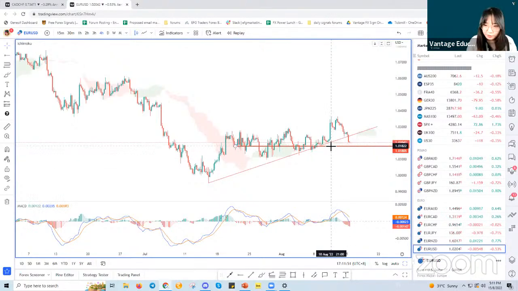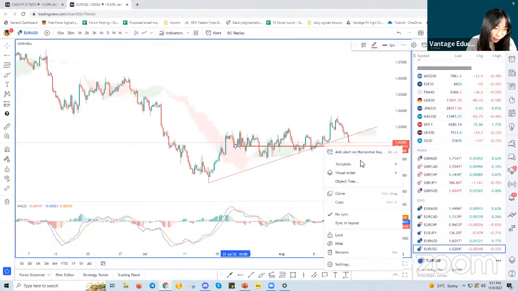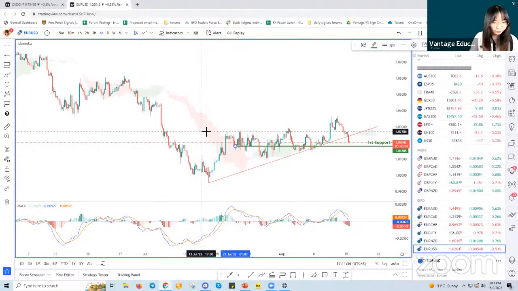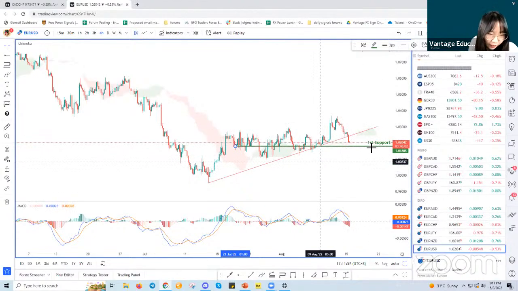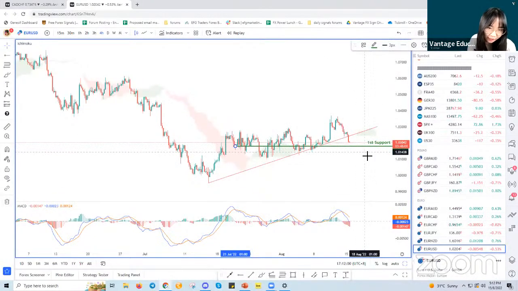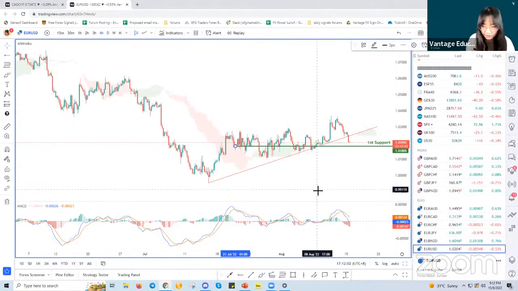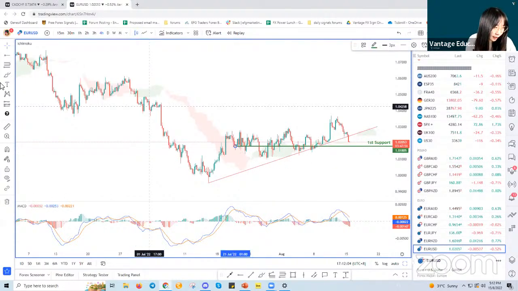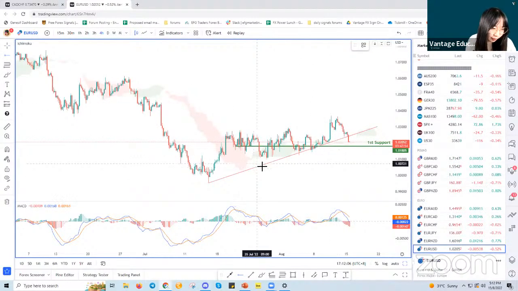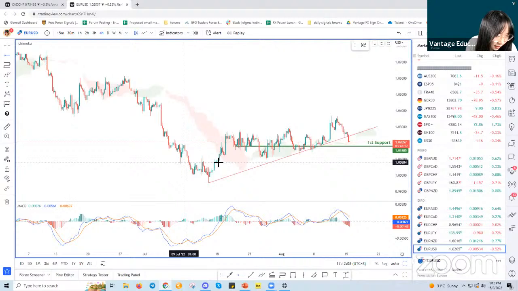I'd like to put my first support line here. If the price breaks this support line, we may expect the price to go down in the future. If the price goes down, maybe we can put our second support line here.